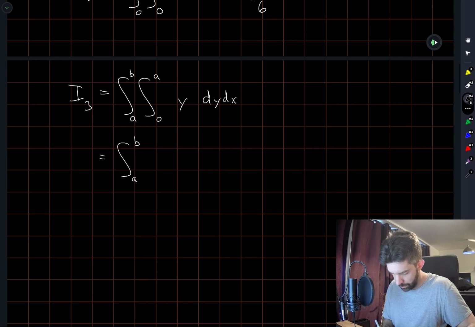So I'm going to do the substitution immediately. So this is a squared over 2 dx. And this gives us a squared over 2 times b minus a.